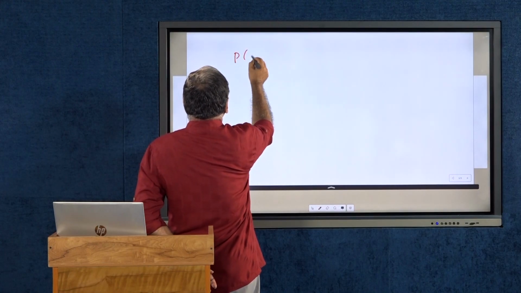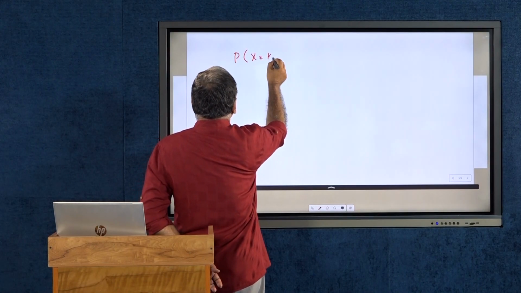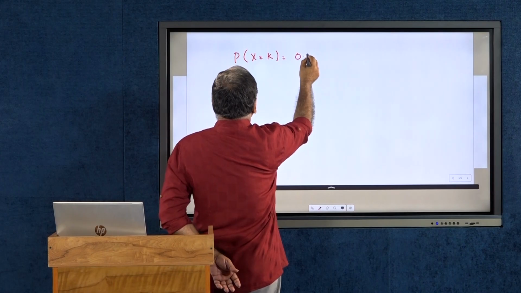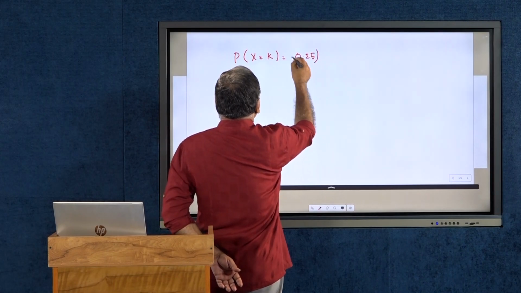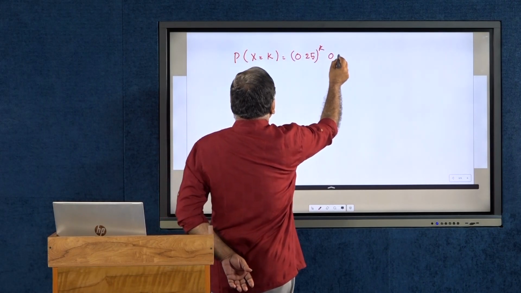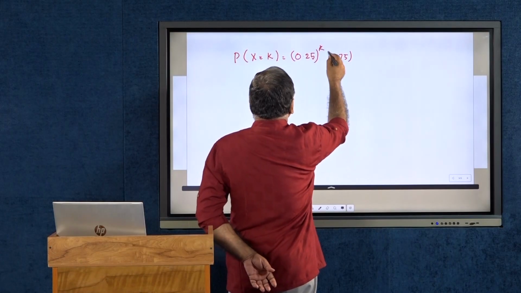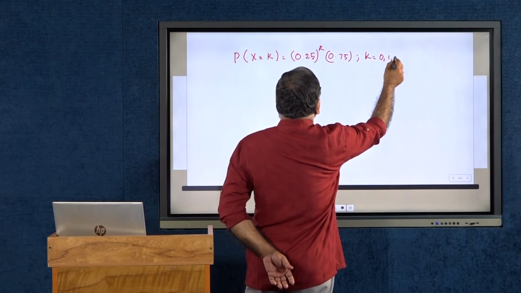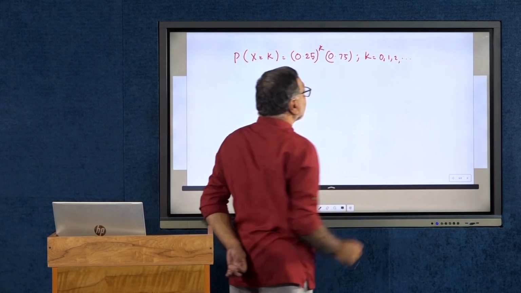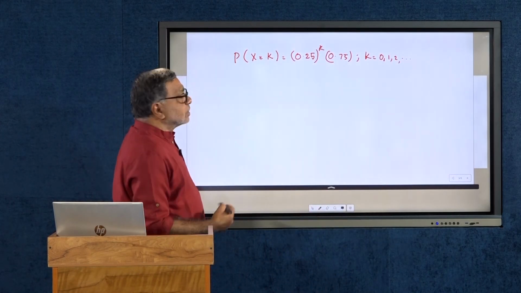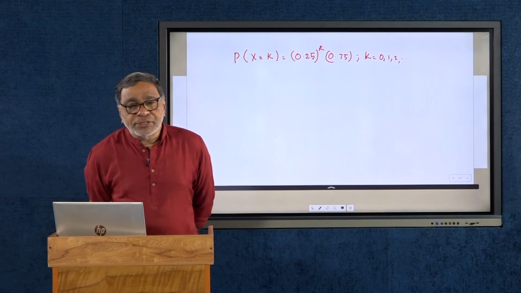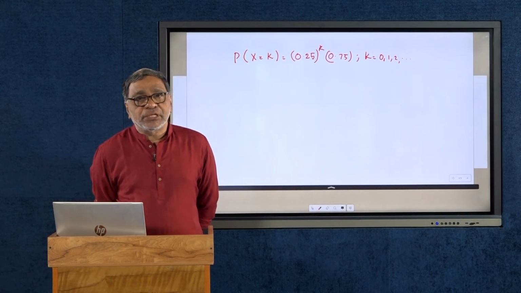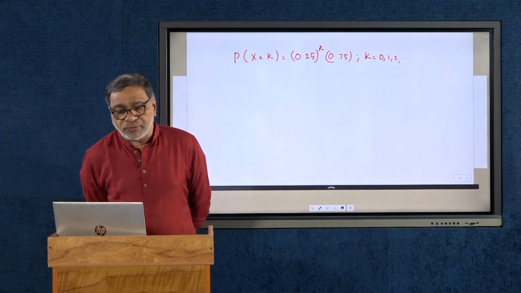The probability of X equal to k is 0.25 to the power k into 0.75, where k is equal to 0, 1, 2, 3, etc. This is a geometric random variable with the parameter p equal to 0.75.